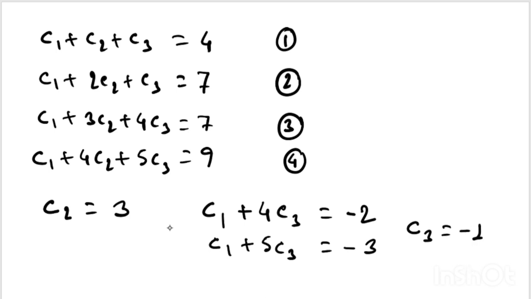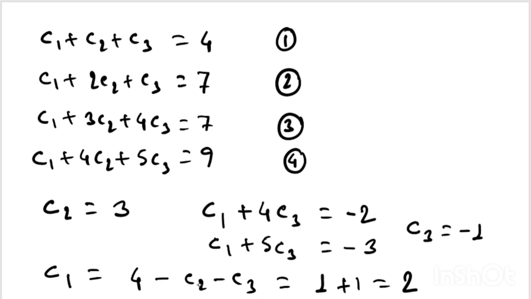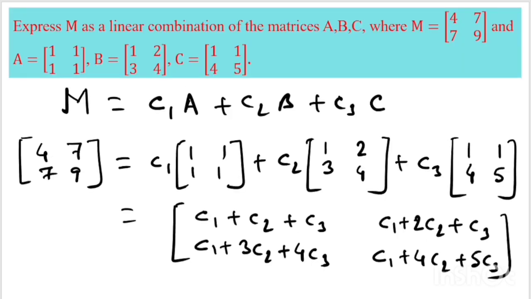When we have C2 and C3 values, we can directly put them into equation number 1 to get the value of C1. So 4 minus C2 minus C3, which gives us C1 is equal to 2. That means C1 is equal to 2, C2 is equal to 3 and C3 is equal to minus 1. So M we can write down as 2 into A plus 3 into B minus C.